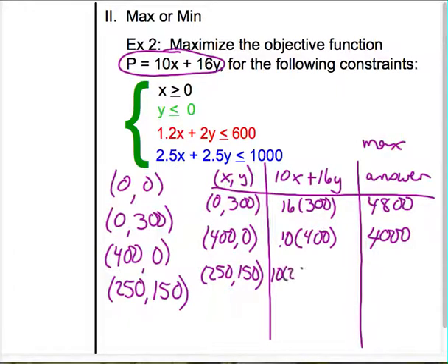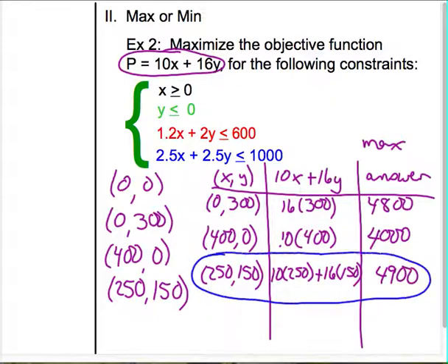So we have 10 times 250 plus 16 times 150 gives us a value of 4,900. So by a small margin, that last vertex did give us our maximum value. So we would somehow make a note that we know which vertex maximizes the function.